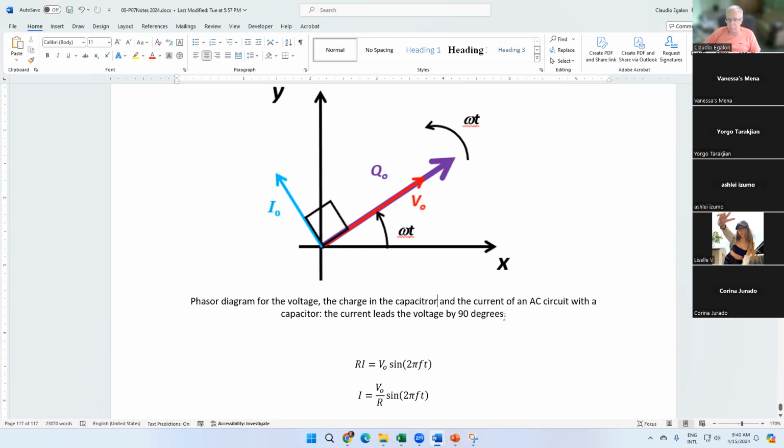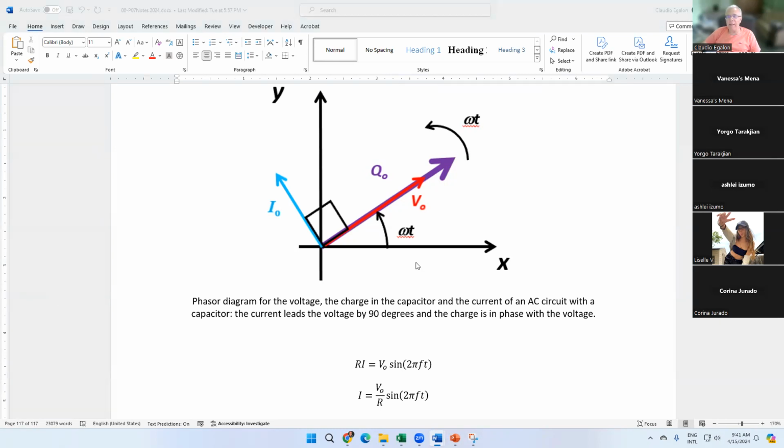The current leads the voltage by 90 degrees, and the charge is in phase with the voltage. Like that. 90 degrees here. Capacitor. We are in good shape here.